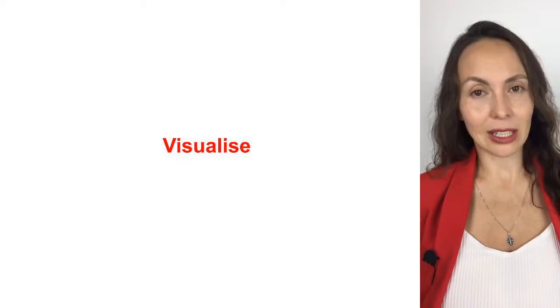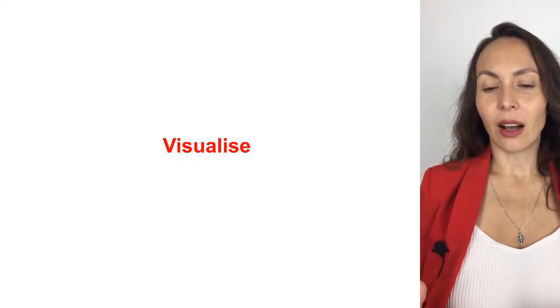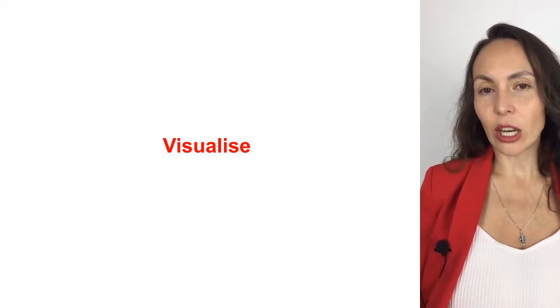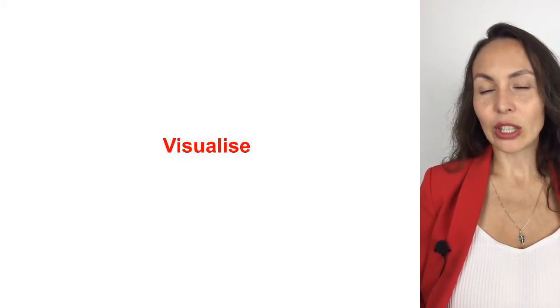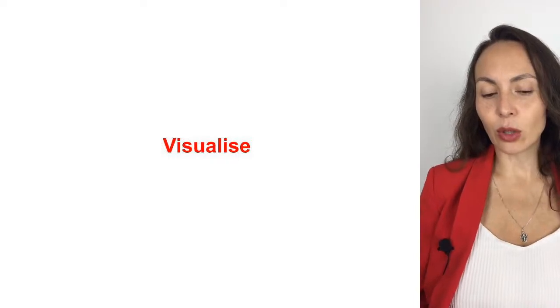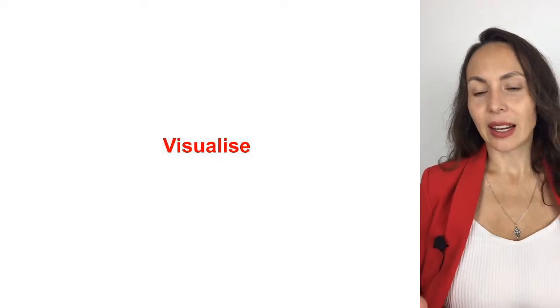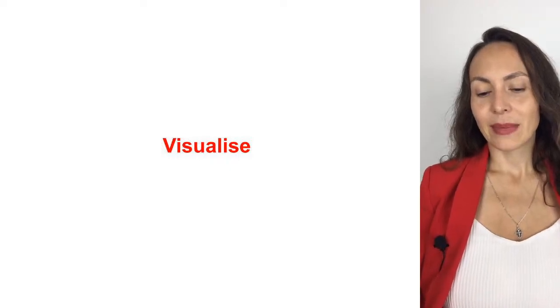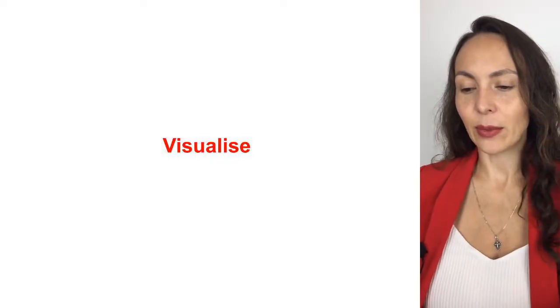If there is an object, you need to think of the situation as a picture. You need to picture it, and then it will be more clear, it will be easier for you to choose the right case. Okay.